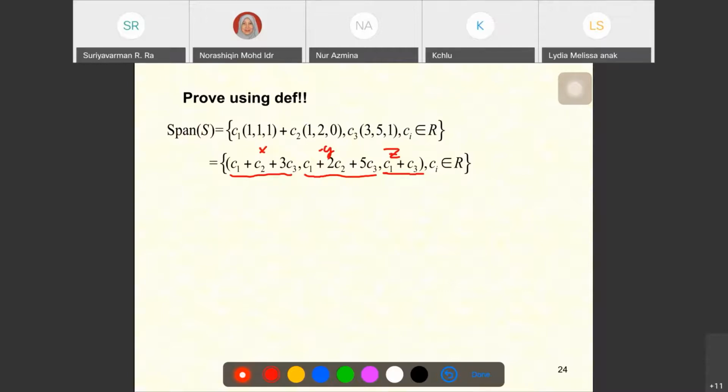So if I put in X, Y, and Z, the relationship is there. X equal to Y plus Z. Okay, please give me example of another vector that is in span of S.